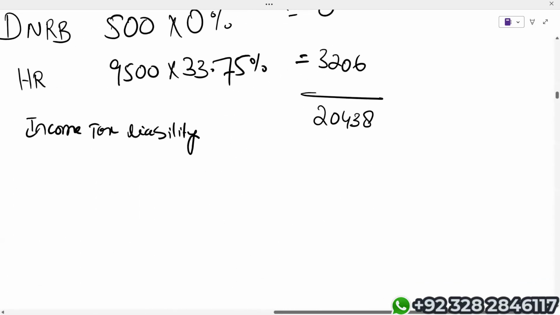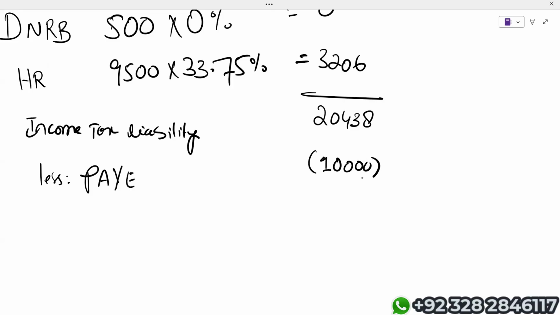Now come here. Less PAYE, which is 10,000, because the total income tax liability of this individual is 20,438, but out of that 10,000 is already paid in advance. So how much still that individual will have to pay? That is income tax payable.